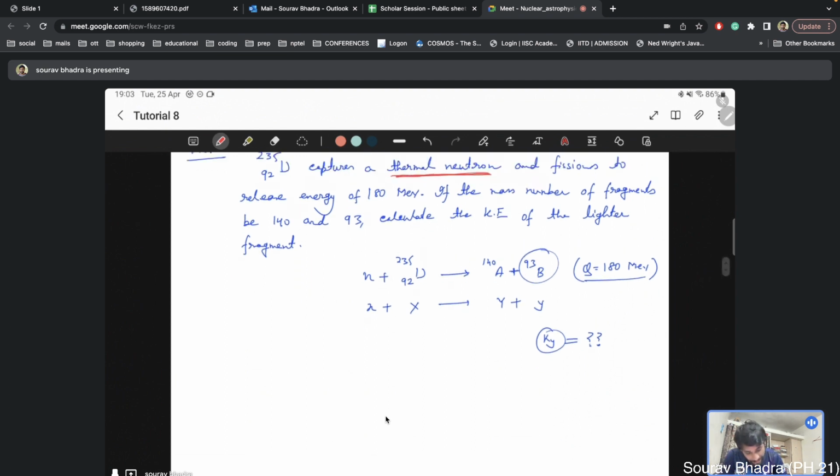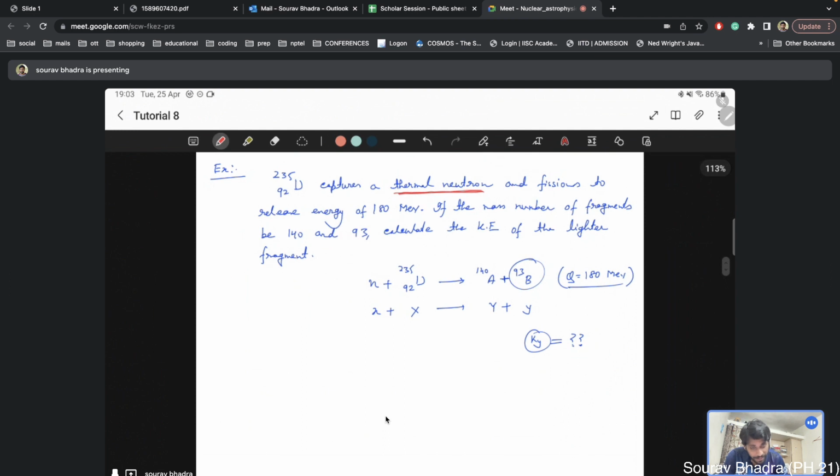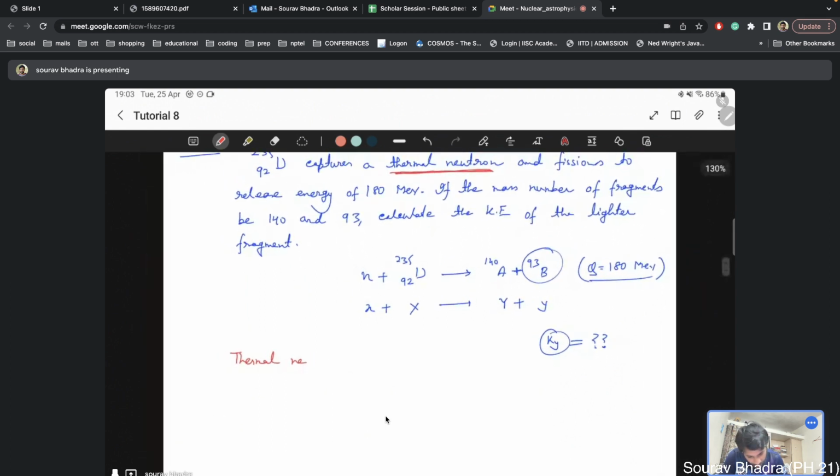So we will assume, by reading the problem statement, that thermal neutron means the energy of the neutron, that is Kx, is very close to 0, almost 0. That is our consideration. Okay, so Kx equals 0.